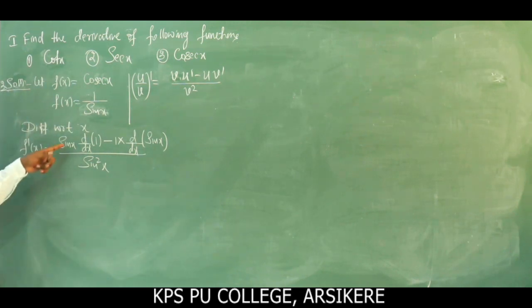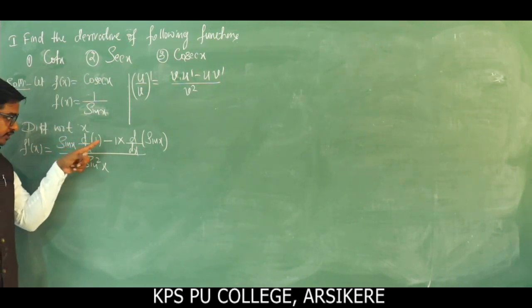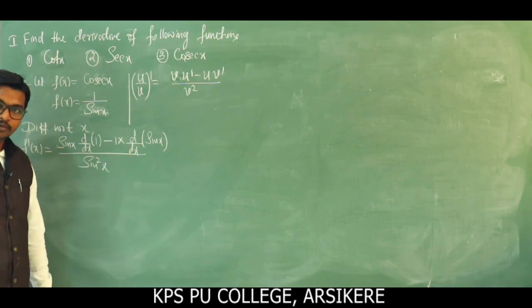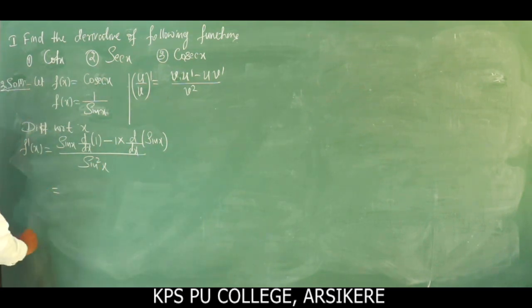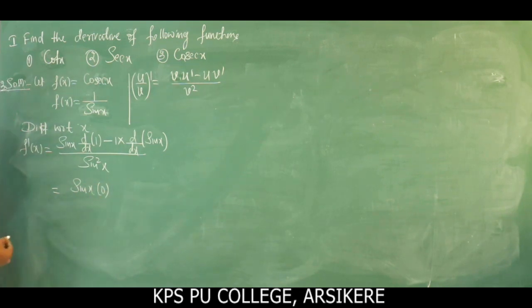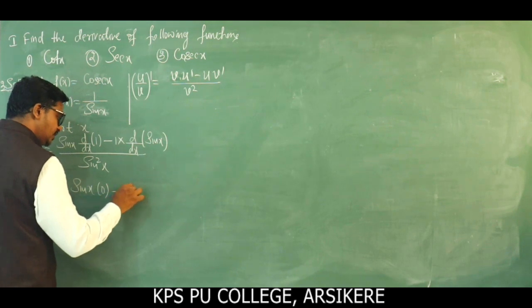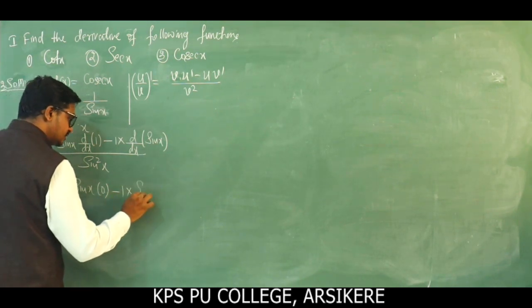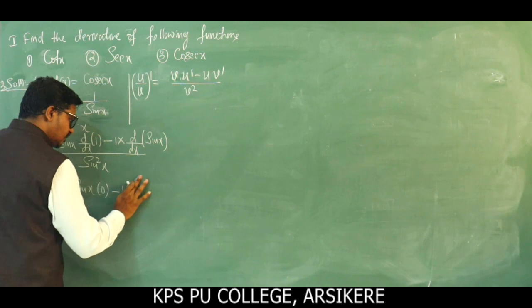Denominator into differentiation of numerator minus numerator into differentiation of denominator. So this is sin x into 0, because the derivative of 1 is 0, minus 1 into the derivative of sin x, which is cos x.